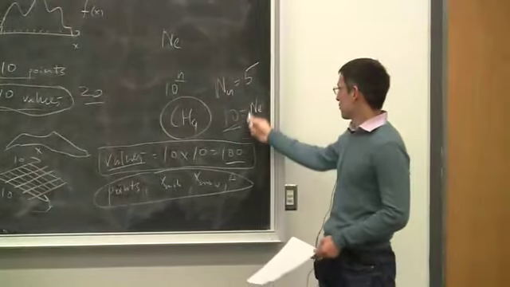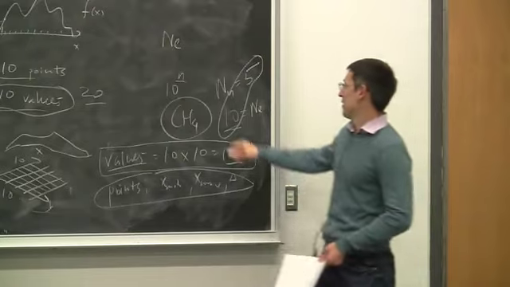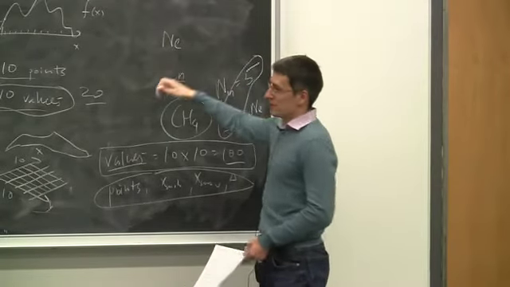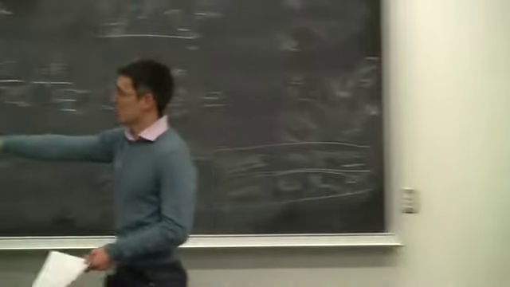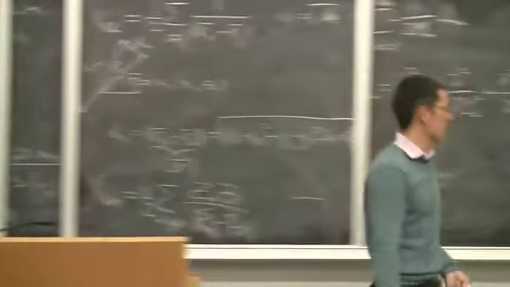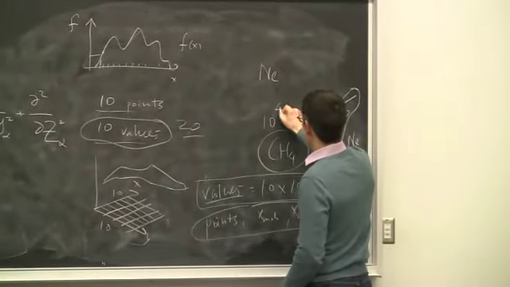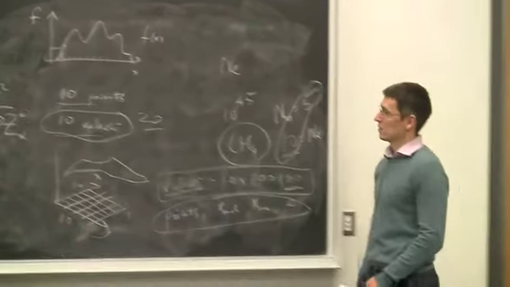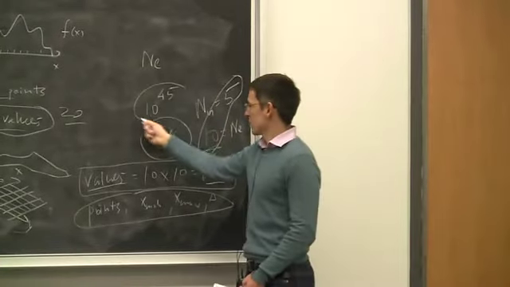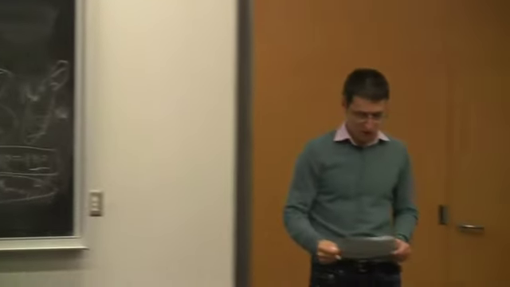Together, 10 plus 5 is 15. Great. So 15 multiplied by 3 is the number of variables in a 3-dimensional world. 15 times 3, 45. Okay, so if we decide to use 10 points per dimension, this is the number of points you need, 10 to the 45, to describe the molecular wave function for one of the smallest molecules.